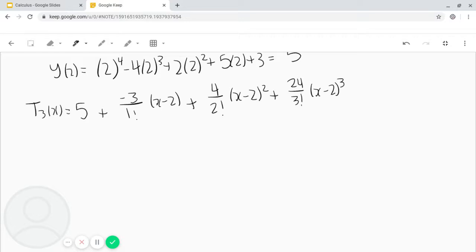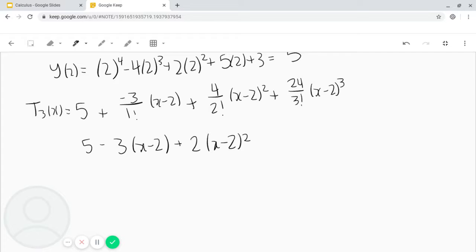So I'm going to leave it like this. You can simplify. You can probably get rid of those factorials. Actually, maybe I'll just get rid of the factorials. And 2 factorial is just 2, so we'll just divide that there.